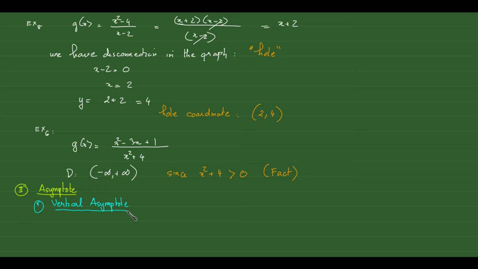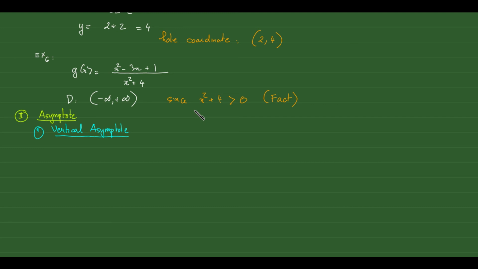A vertical asymptote is just a vertical line that the graph of a rational function never crosses. So what does it mean? It means that when x approaches, this is the definition of vertical asymptote.